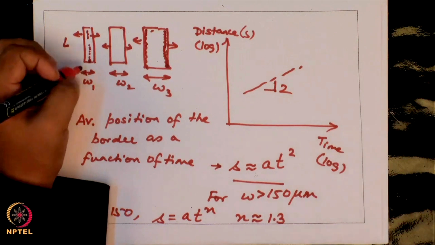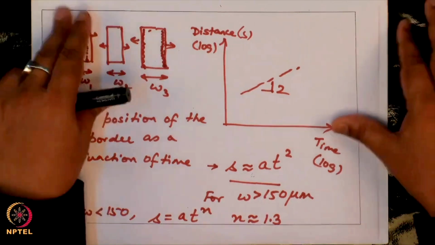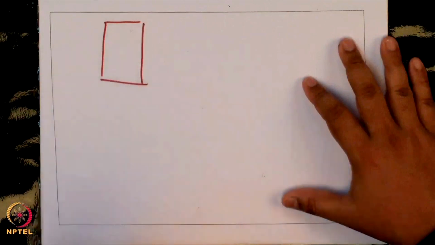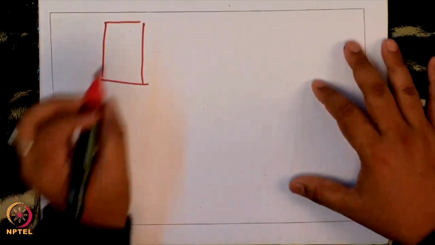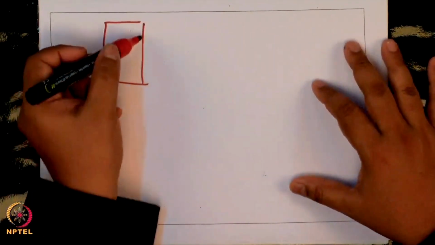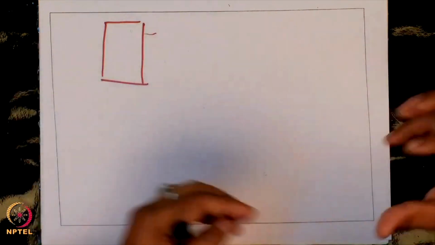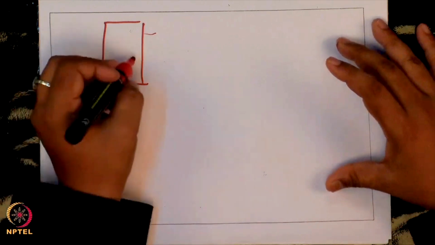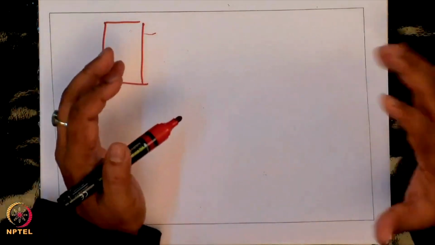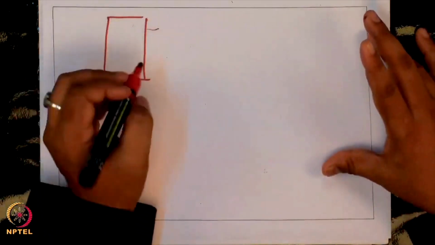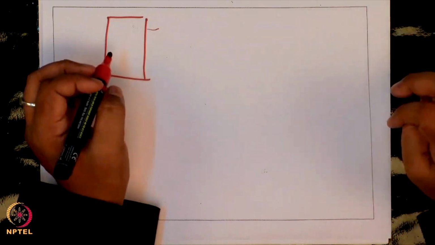That might be the cause why you have a slower migration when the width was smaller. Okay. What they also found, so if they zoom into one segment of the pattern, they asked were cells all migrating in a line or were there flows. In other words, was there active reorganization of cells within the epithelial layer.